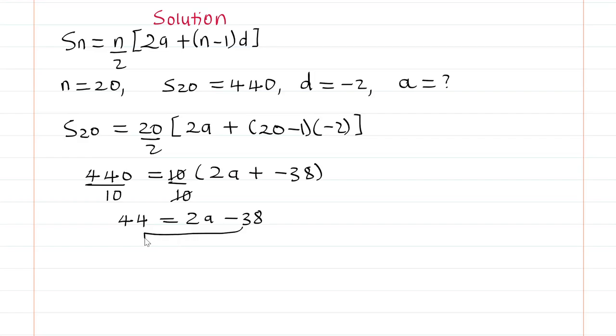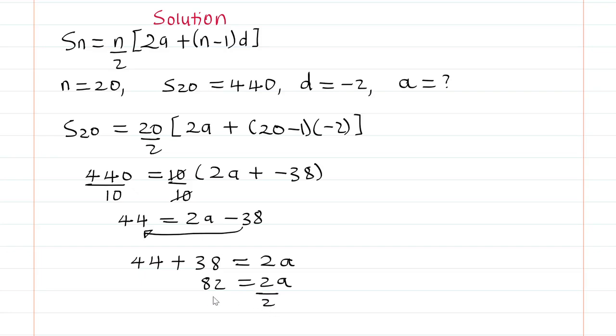Then we take -38 to the other side of the equation. It becomes positive. So 44 plus 38 equals 2a. Press your calculator. 44 plus 38, 82. Therefore 82 equals 2a.